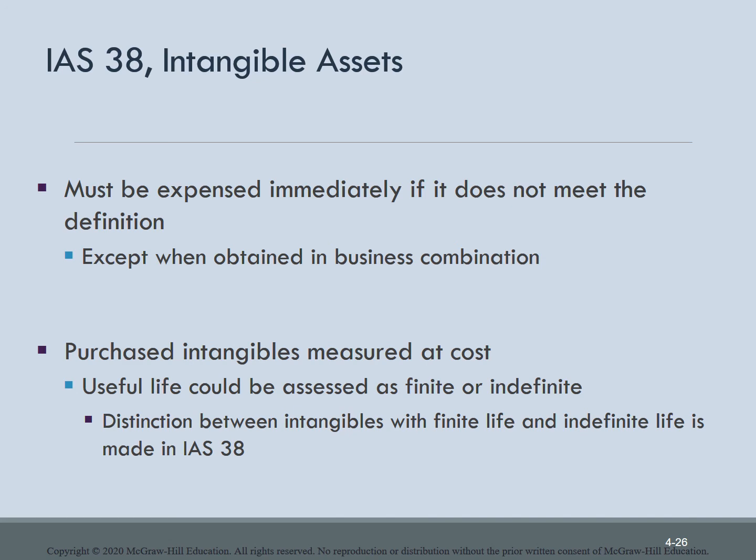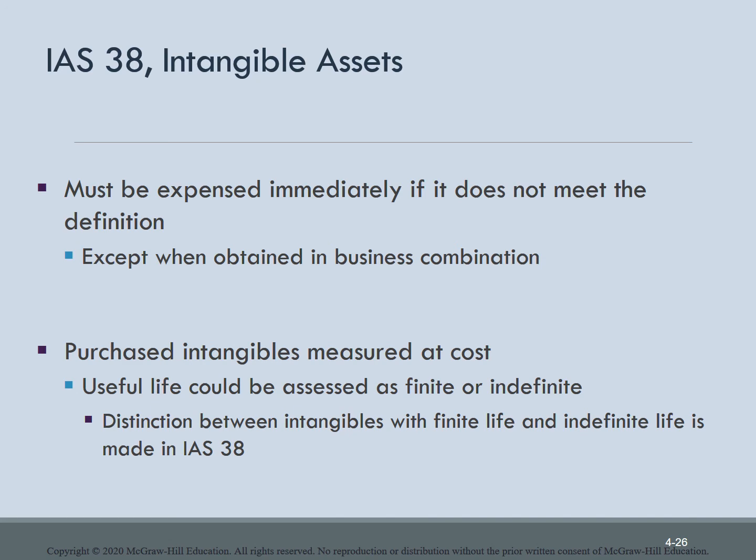Like US GAAP, purchased intangibles are measured at cost under IFRS, and like US GAAP, the useful lives can either be assessed as being finite or indefinite. The distinction between intangibles with finite life and indefinite life is made in IAS 38.